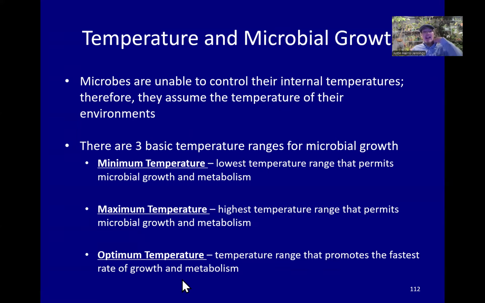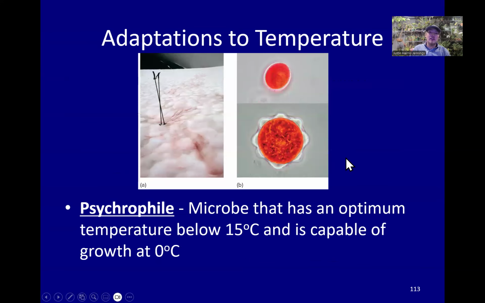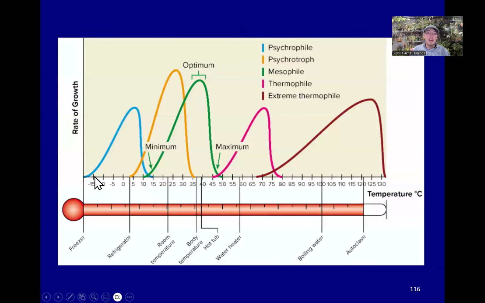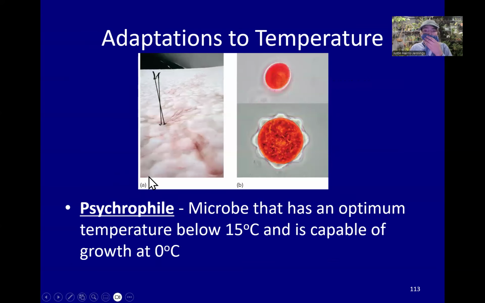There's a minimum temperature where it stops growing, and a maximum temperature where it stops growing. An example of this in a figure is like this, where you have a growth rate, and as you increase your temperature, that growth rate increases to a point, and then eventually it decreases.